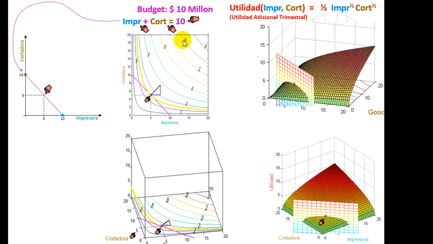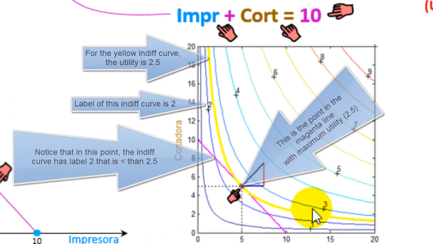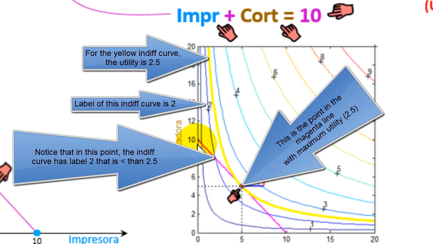These are what are called indifferent curves, because with respect to the objective function, the utility in this case, it is indifferent to take this point or this point. All of them are going to evaluate to the same value, 8 in this case. The graphical solution is to find an indifferent curve that is tangent to this magenta line.